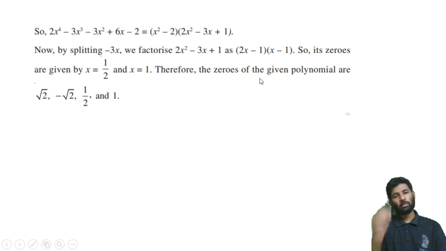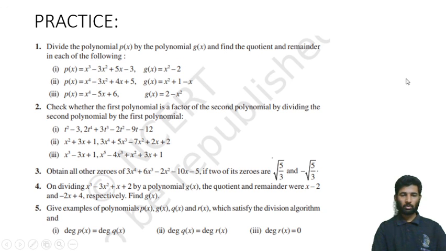So therefore these zeros of the given polynomial are root 2 and minus root 2, which were already given in the question, and half, that is 1 by 2, and 1 we have found out by doing the division of the polynomial. Now these are some practice questions.